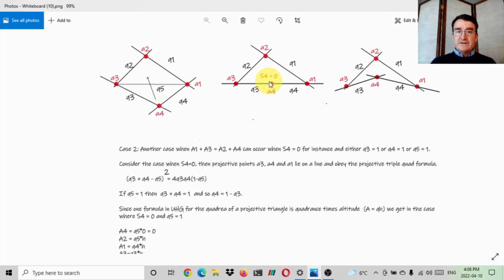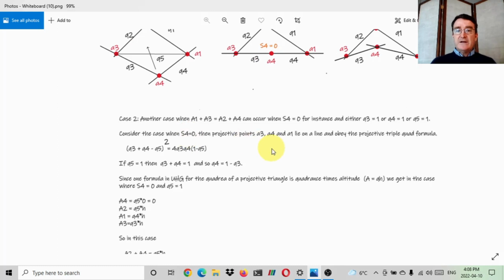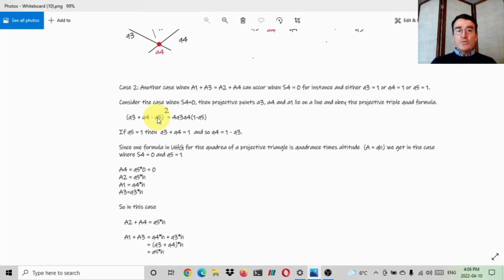And since one formula in universal hyperbolic geometry for the quadria of a projective triangle is the quadrance times the altitude, the quadria A of a projective triangle is the quadrance times h, the altitude. We get, in the case when S4 equals 0 and Q5 equals 1, that is, we have a spread equal to 0 at S4 and the quadrance between A3 and A1 is equal to 1, then the quadria A4 is Q5 times its altitude, which is 0, so that's 0.